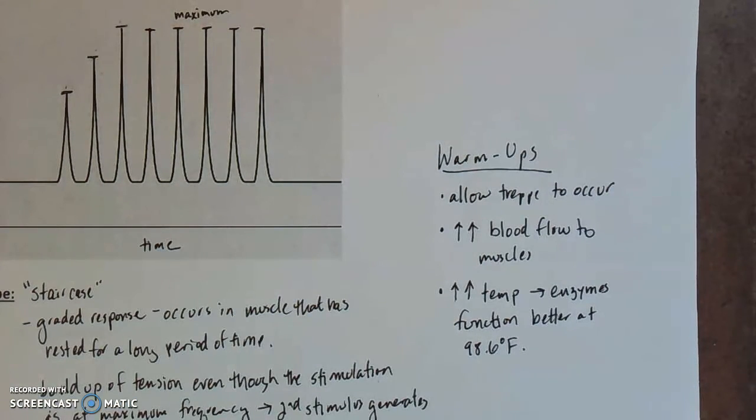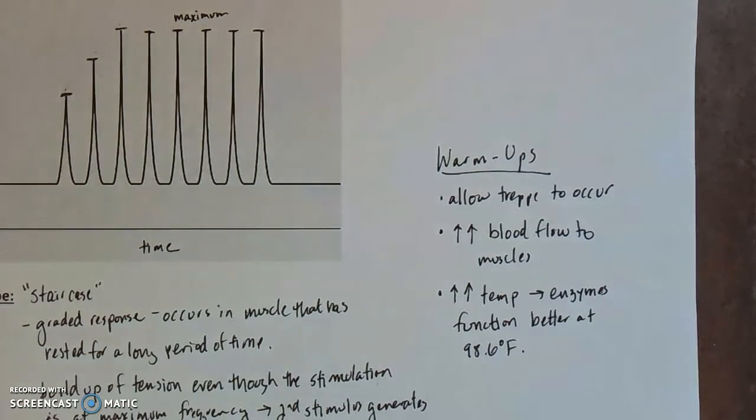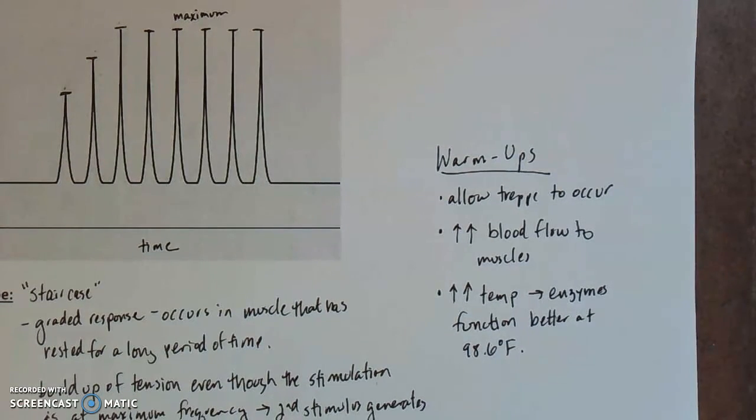And it helps all those enzymes like ATP, myosin ATPase, acetylcholinesterase, all of those things are working at maximum benefit, so we can end up with a maximum performance. So all of this stuff that you do that you might think, I don't need to warm up, I'm okay, it does have a basis in science.